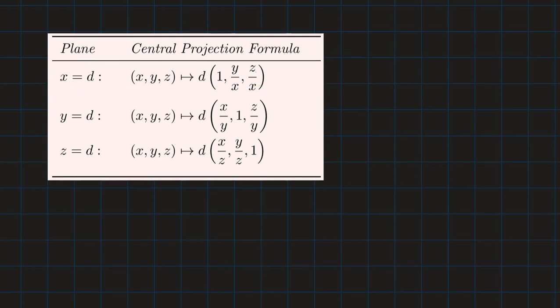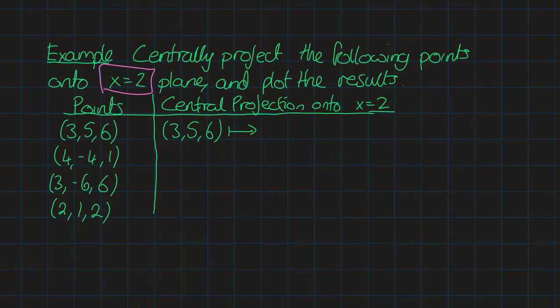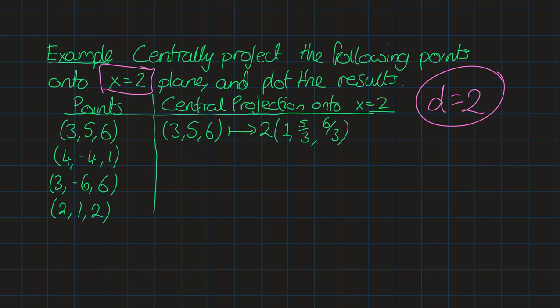But what is d? In this case, d is equal to 2, and that comes from right here. So this is going to go to 2 times 1, 5 over 3, 6 over 3, and this turns out to be 2, 10 over 3, 4. And that's the answer. Let's move on to the second one.